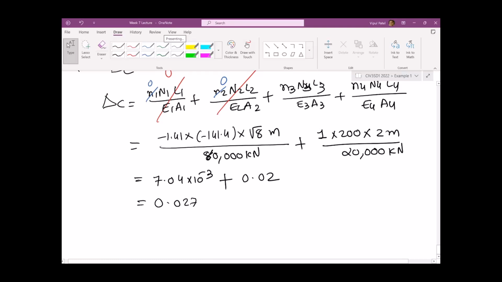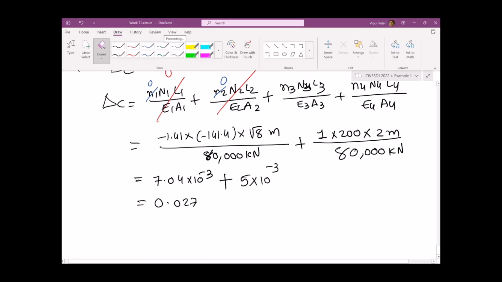So we will have a minus 141 square root 8 over 80,000, and then you have 200 over, oh, that is 80,000, sorry, not 80,000. Okay, that picks up the problem. 200 times 2 divided by 80,000 gives you 5 times 10 raised to minus 3 plus 7.04 times 10 raised to minus 3.